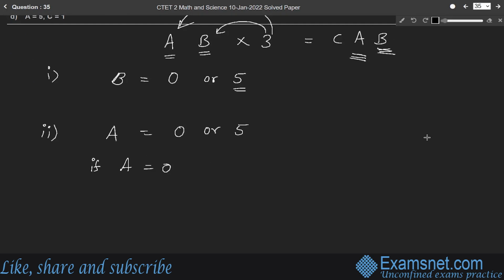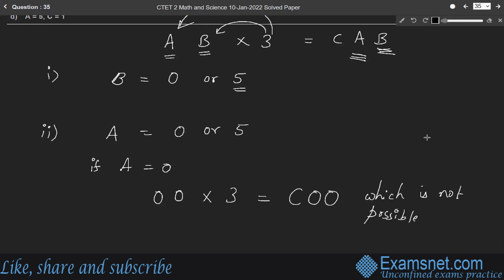Then B is also 0, and 0 into 3 is equal to C00, which is not possible because C has a certain value. Right?